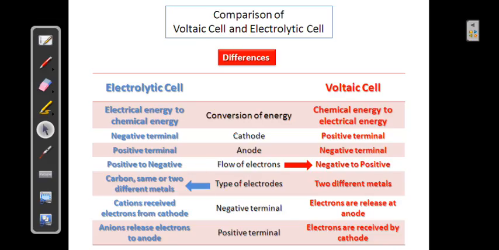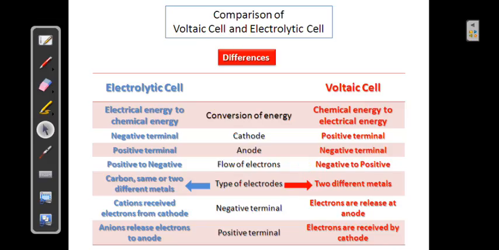So type of electrodes. For the electrolytic cell, you can use carbon, the same metal, or two different metals. It doesn't matter, because only the electrochemical series will determine which ion will be selectively discharged.